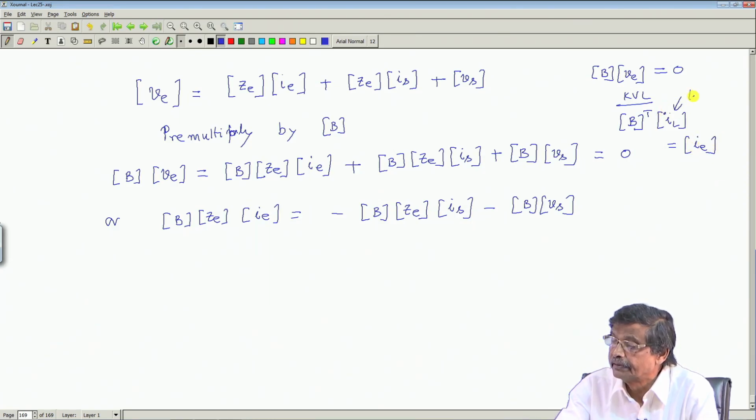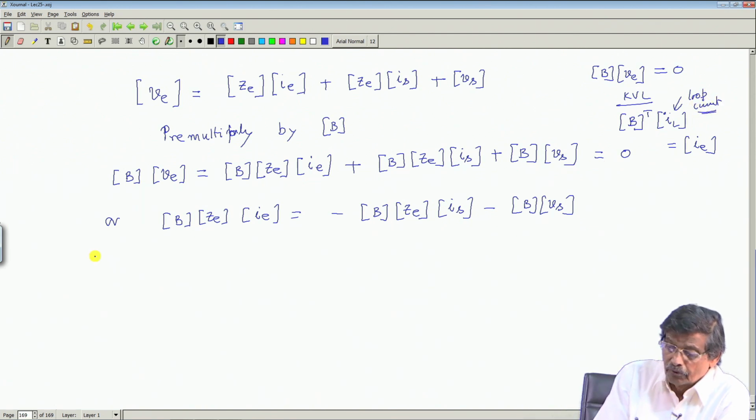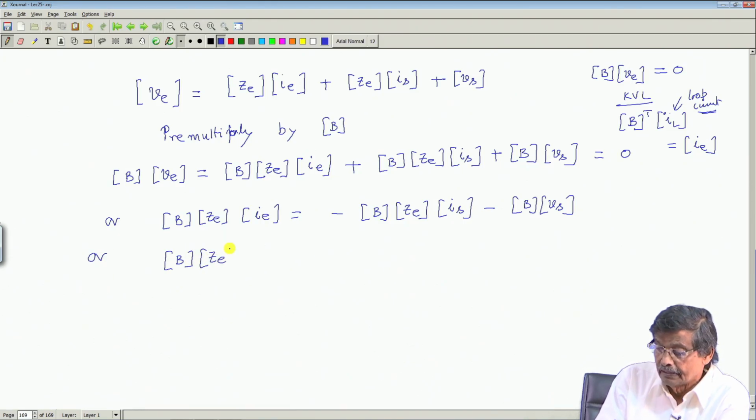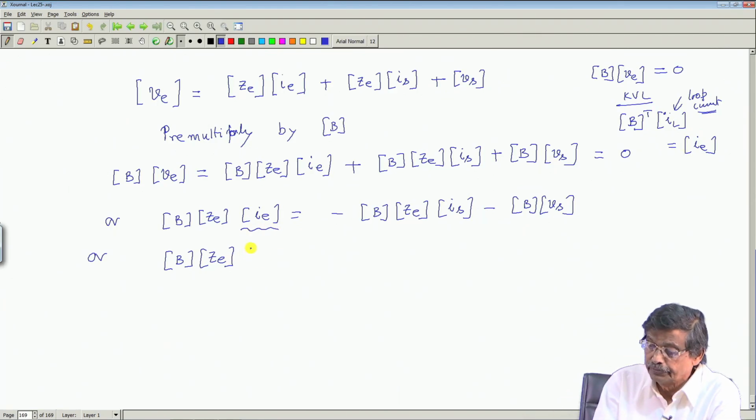This is the fundamental loop current. So, here we have B into J D, and for I E I will write B transpose into I L.